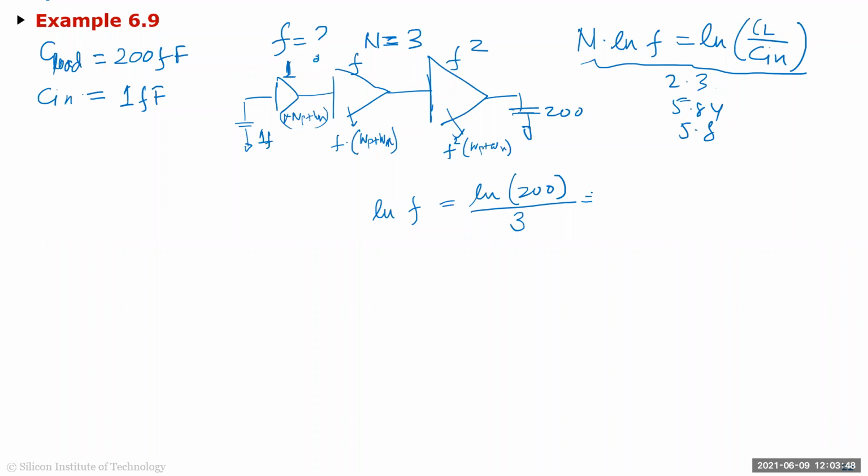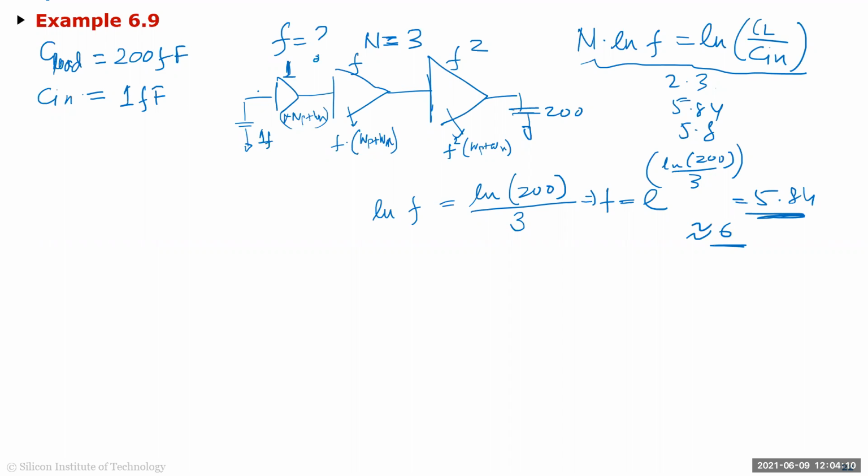So F is equal to e to the power ln of 200 divided by 3. And if I calculate that, it's 5.84. Okay, or roughly let's say 6.